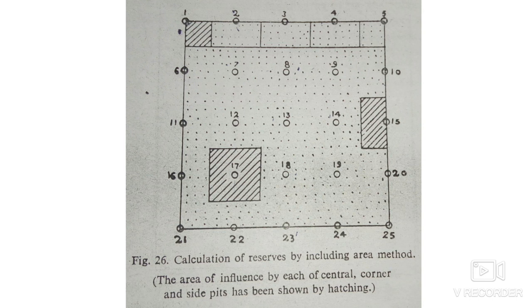The side pits, which are 12 in number, each have half of the area of influence, and the 4 corner pits have 1/4 the area of influence in comparison to the central pits.